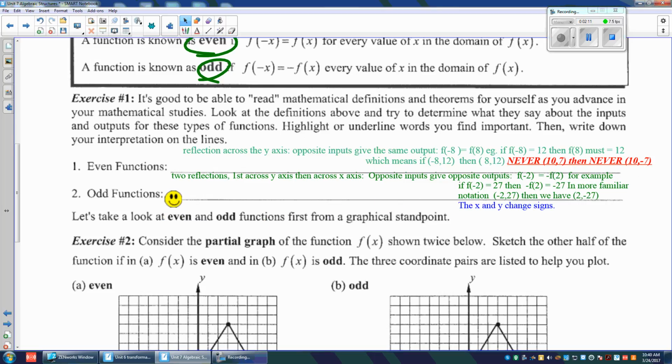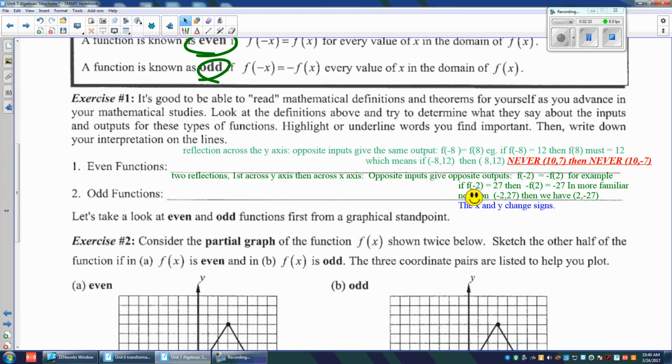Okay, so what about an odd function? It's two reflections. The first is across the y-axis and the second is across the x-axis. Opposite inputs give opposite outputs. What? The function value at negative 2 equals the negative function value of 2. I don't quite understand that. So here's an example.